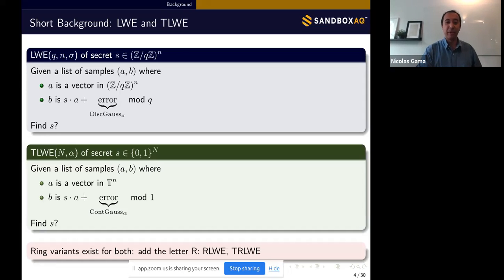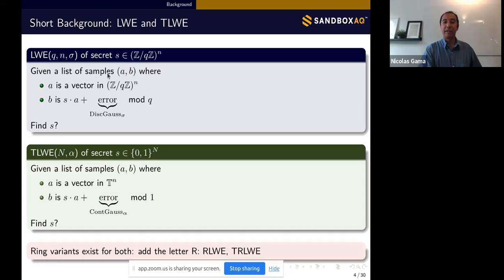Many people here should be familiar with the learning with error problem. You have three parameters: one modulus, one dimension, one secret standard deviation.